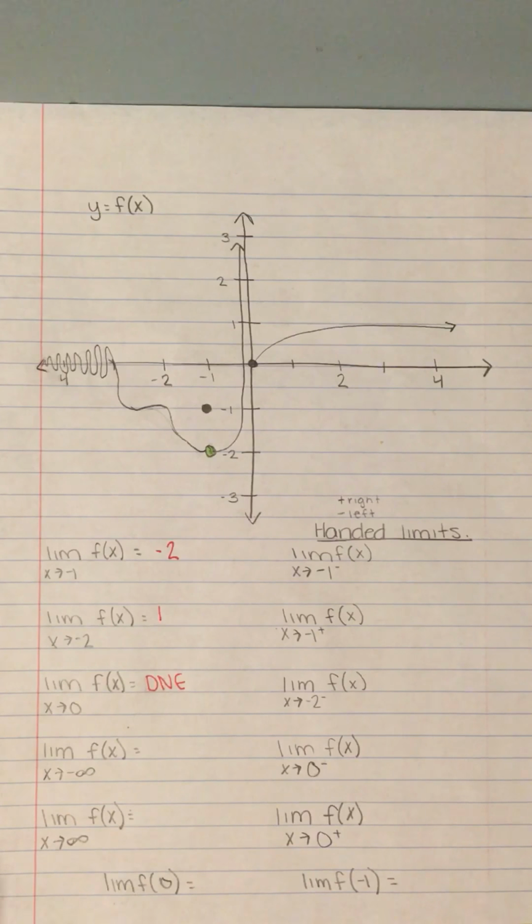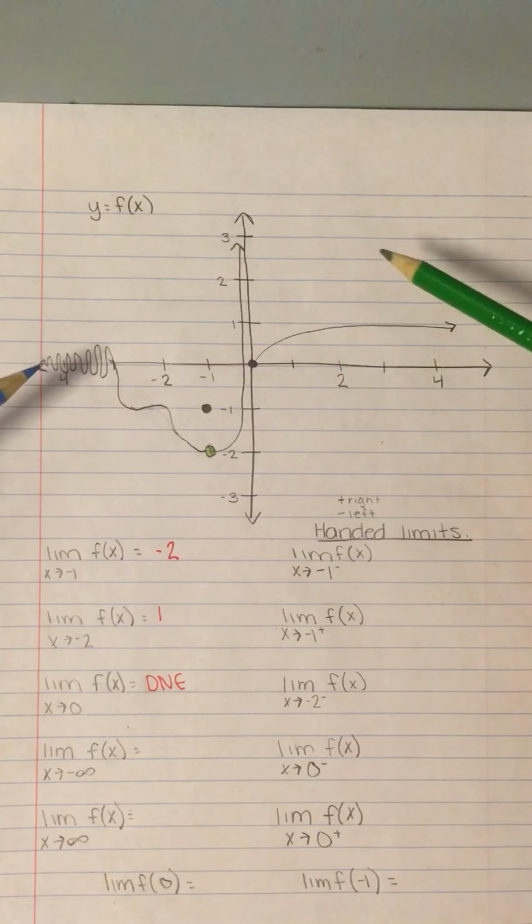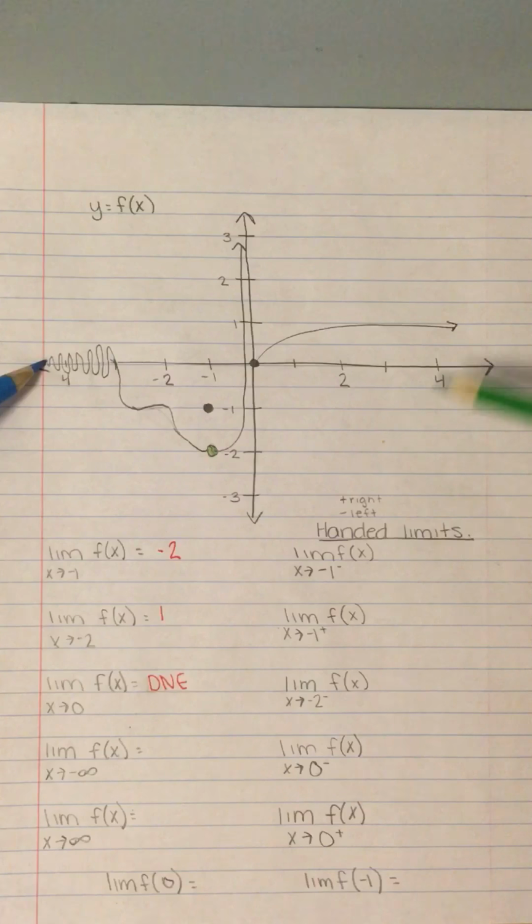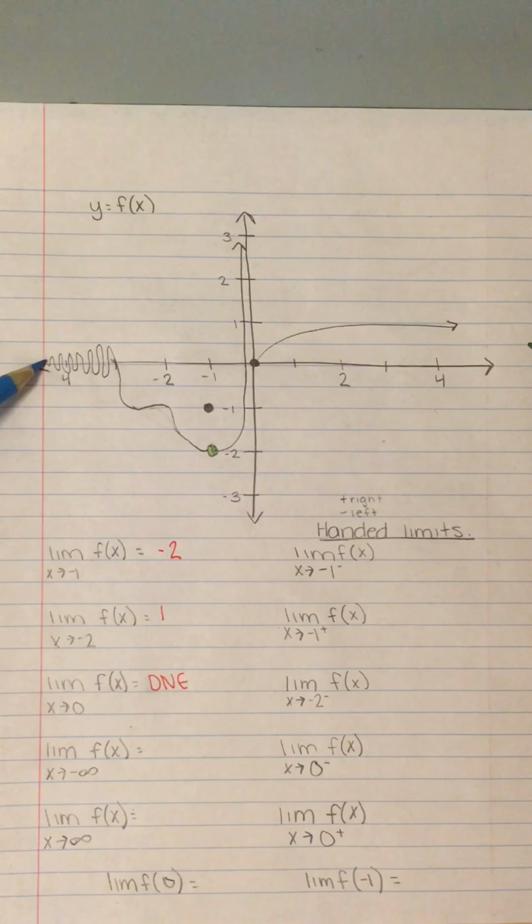Now, the limit as x approaches negative infinity. Let's locate x approaching negative infinity, which would be all the way over here at my blue pencil. And as you can see, it is fluctuating around the line of y equals 0.